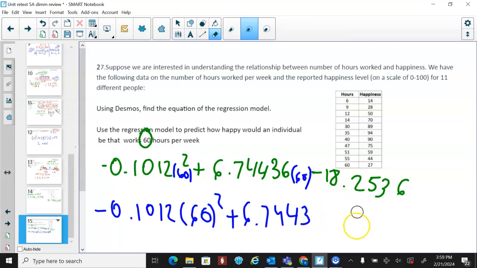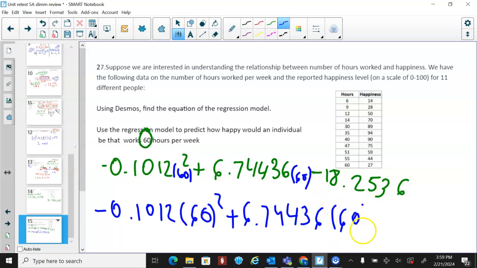And then minus 18.2536. Okay, now when you do that, you should get 22. All right, and the level of happiness is 22.